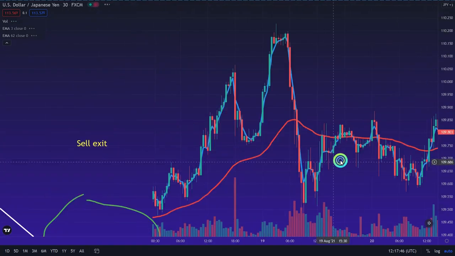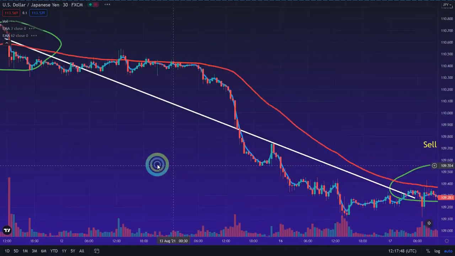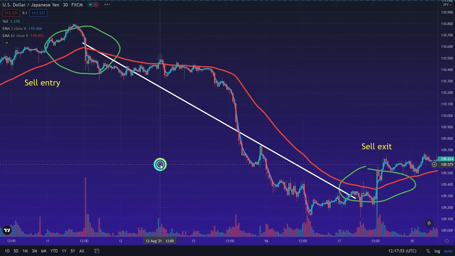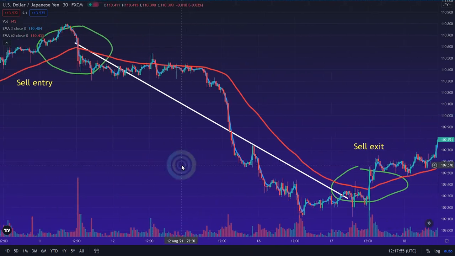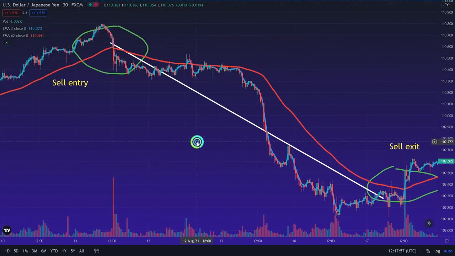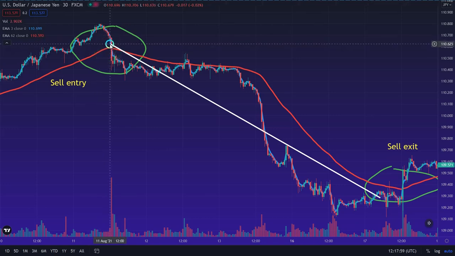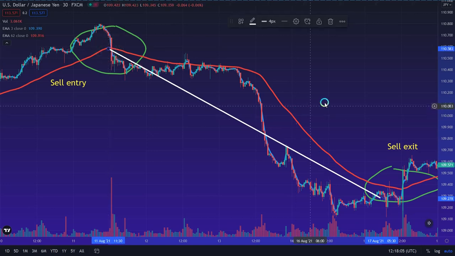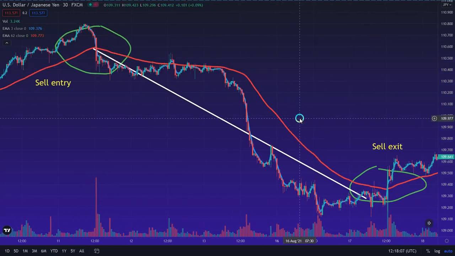So basically it is the longest trade that the algorithmic test that I did showed me, and I wanted to show it to you because it is just interesting.